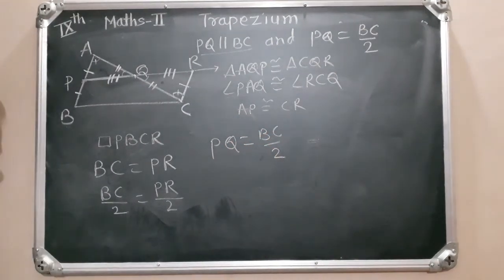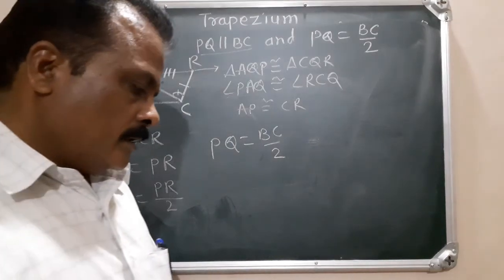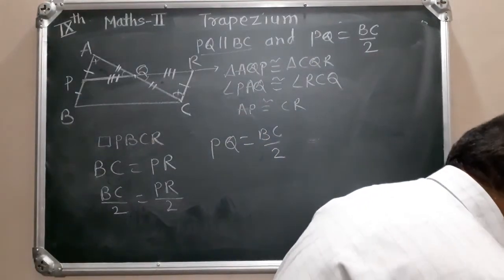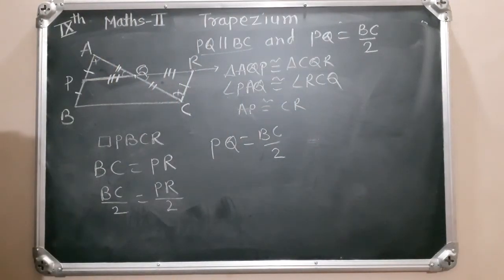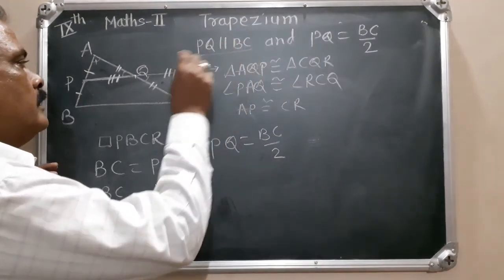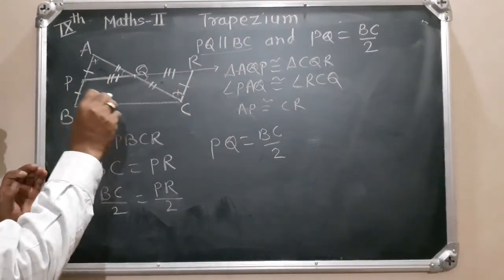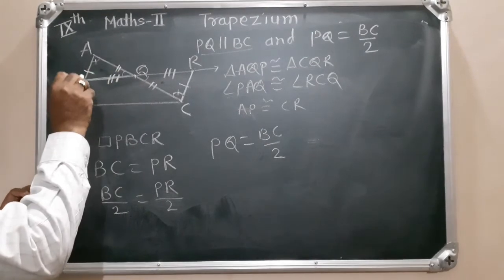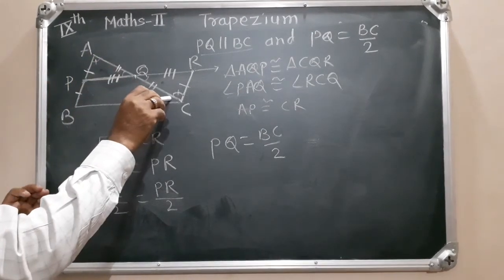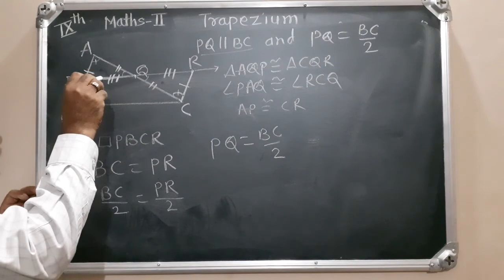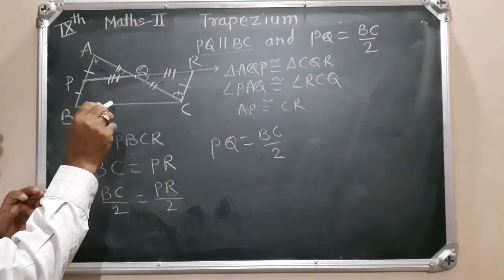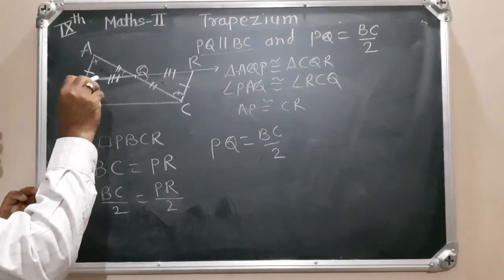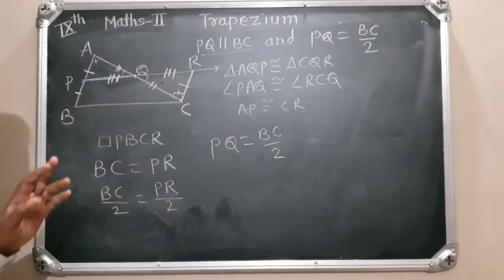That means the segment joining the midpoints of any two sides of a triangle is parallel to the third side and half of it. That means this segment is parallel to the third side, this side, and PQ is equal to half BC.